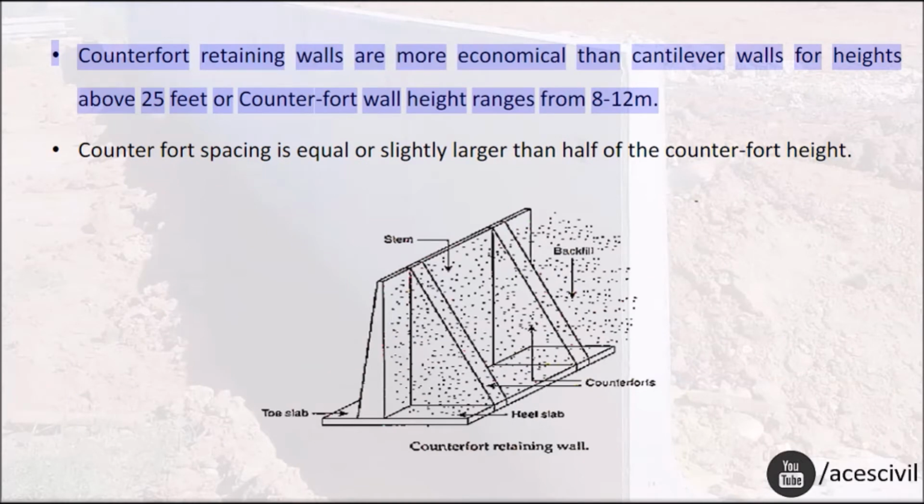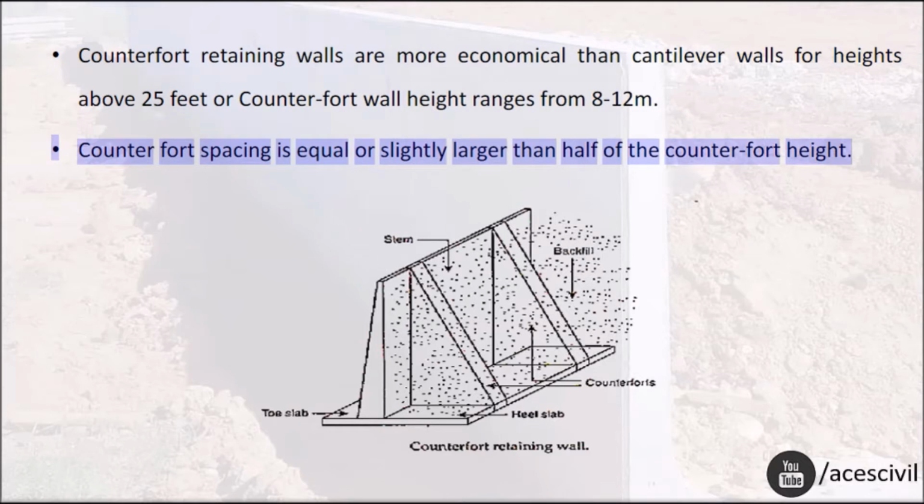Counterfort retaining walls are more economical than cantilever walls for heights above 25 feet, or counterfort wall height ranges from 8–12 m. Counterfort spacing is equal or slightly larger than half of the counterfort height.